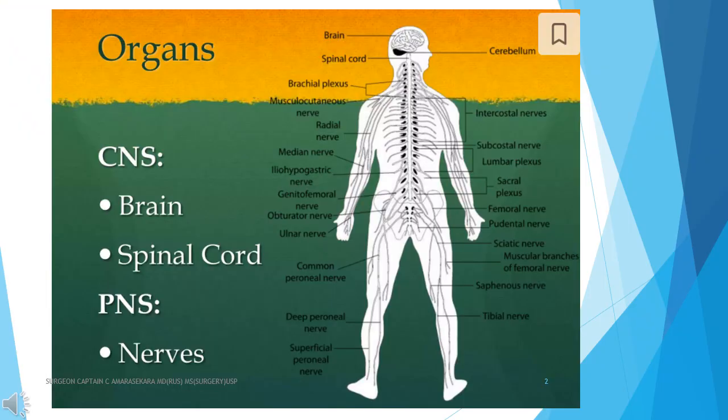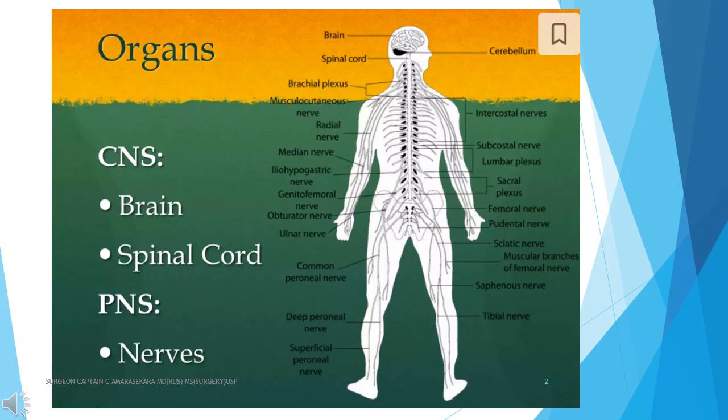Let's begin with the foundation of all neurological function, the human nervous system, which is elegantly divided into two major components, the central nervous system and the peripheral nervous system, CNS and PNS.